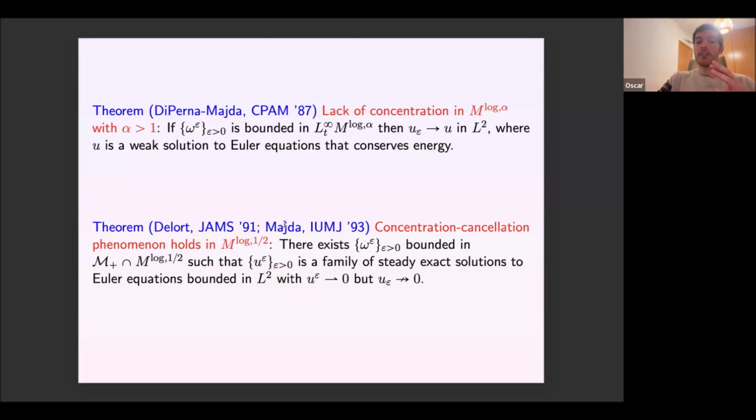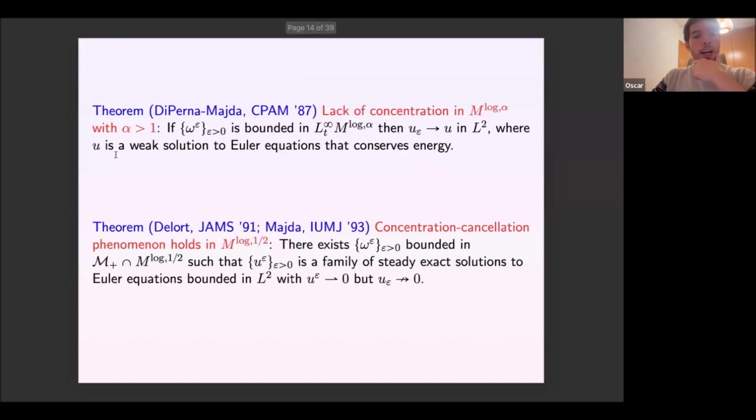On the other hand, there is an alternative, and I would say easier, proof of the Delort result due to Majda two years later, in 1993, showing that the Delort result is a consequence of the concentration-cancellation phenomenon under this more irregularity. So the alternative approach due to Majda established concentration-cancellation for more irregularity 1/2, and in particular, this implies the Delort statement.